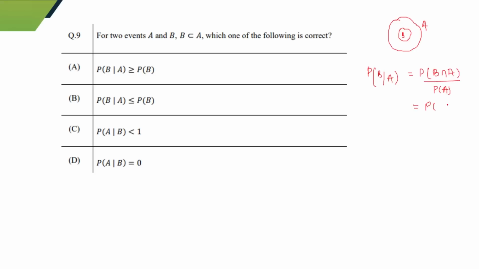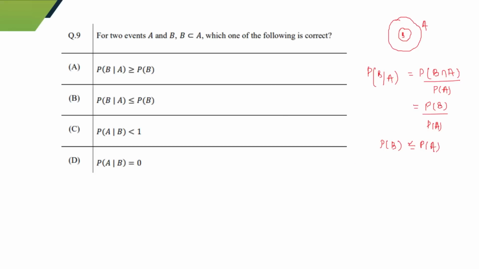It would be B, because B is a subset of A, so I can write probability of B upon probability of A. Now I have to find out whether probability B given A is greater than or equal to probability of B, or less than or equal to probability of B. I know one thing, that probability of B is always less than or equal to probability of A because B is a subset of A.